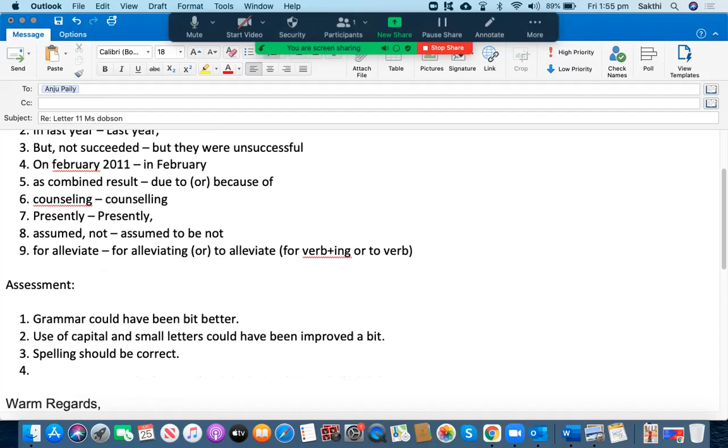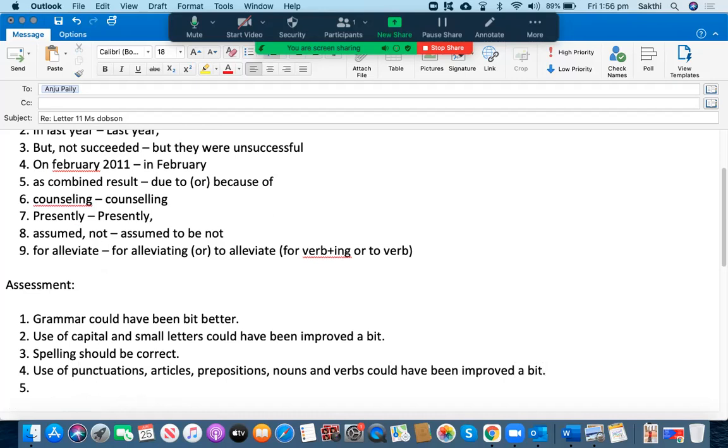All right. And the use of punctuation marks, use of punctuations, articles, prepositions, nouns, and verbs could have been improved a bit.